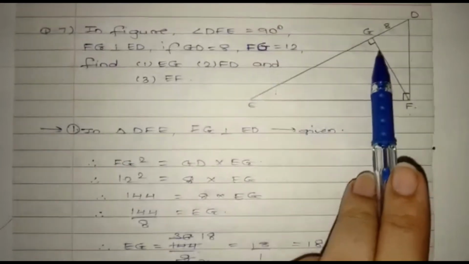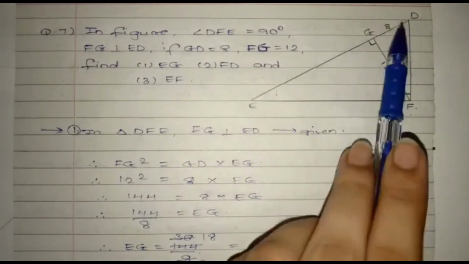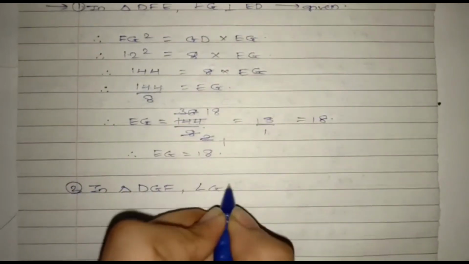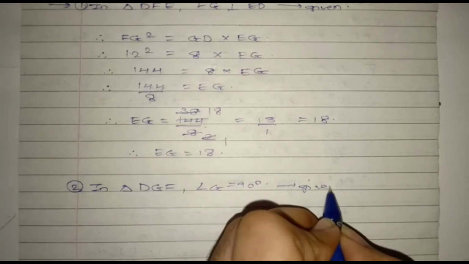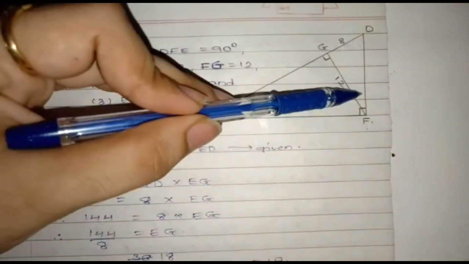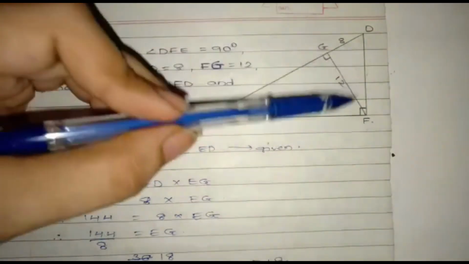angle G is 90 degree because FG is perpendicular to ED. Angle G is equal to 90 degree, this is given. Therefore we can write DF square is equal to GD square plus FG square using Pythagoras theorem.